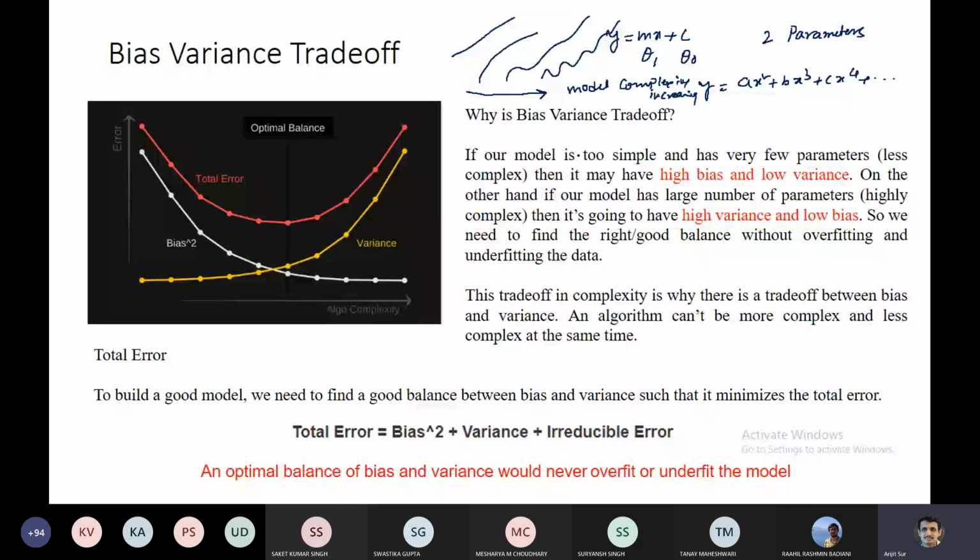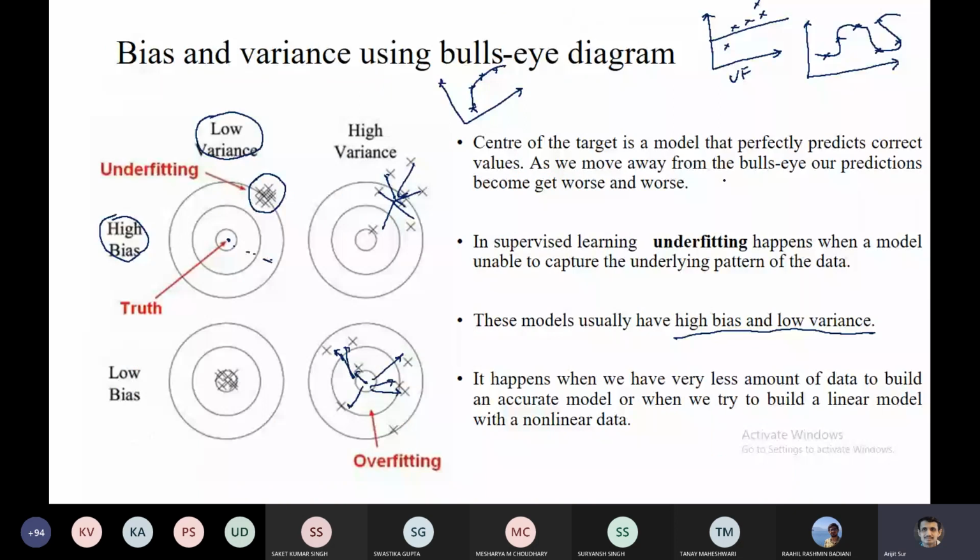So if our model is too simple, with very few parameters and less complex, it will have high bias. Definitely, it's a high bias. High bias means it is not predicted that accurately. It is very simple, so it cannot get very close to the actual intended value.